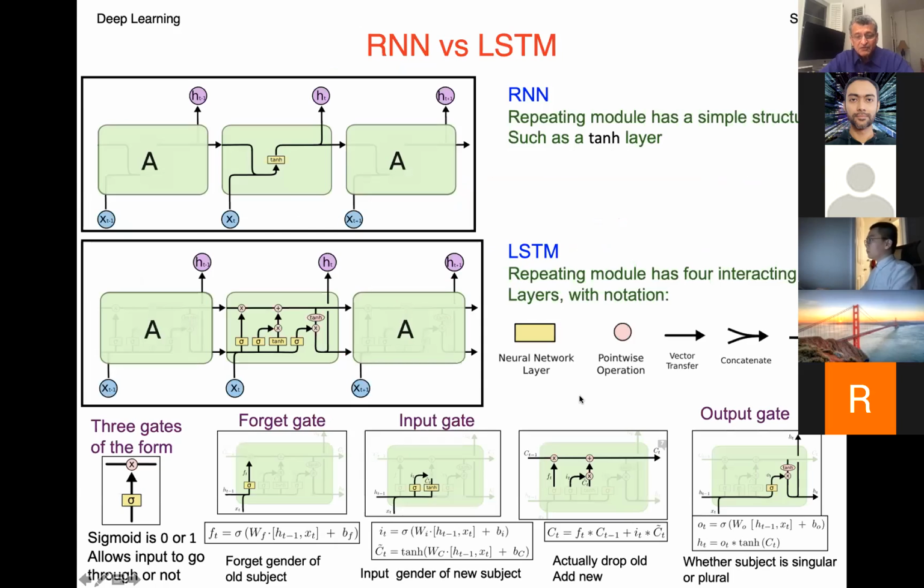LSTM is a module which requires a little more complicated diagrams. If you think of a standard RNN as like this, from one stage we are going to the next time step and next one. This is x_{t-1} and x_t and x_{t+1}. We are computing h_{t-1}, so these are the outputs. And we are taking into account the input coming in from the previous node.